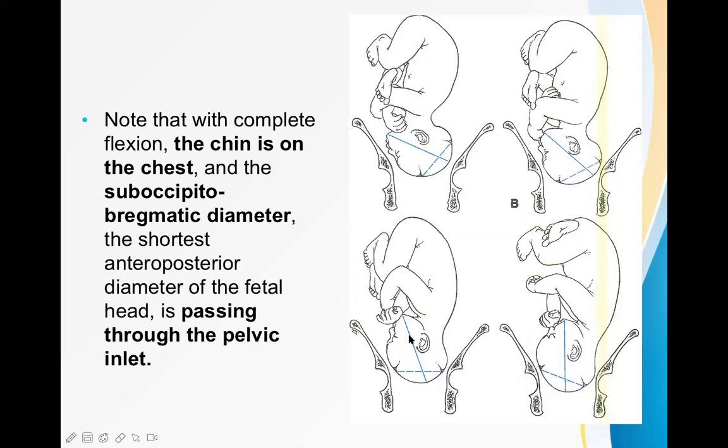It has become like this now, and ultimately it is flexing. Now look here, the anterior fontanelle in comparison to here, the anterior fontanelle can be easily palpated on per vaginal examination in this, but see here, it is difficult to palpate because of the flexion of the head and neck. And this is considered the normal mechanism.